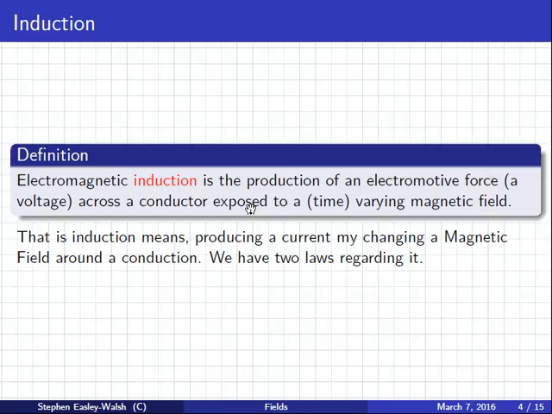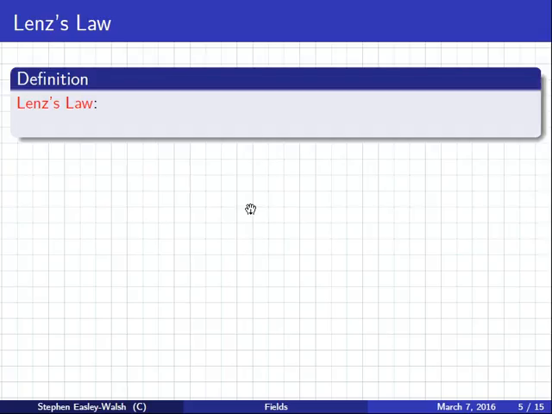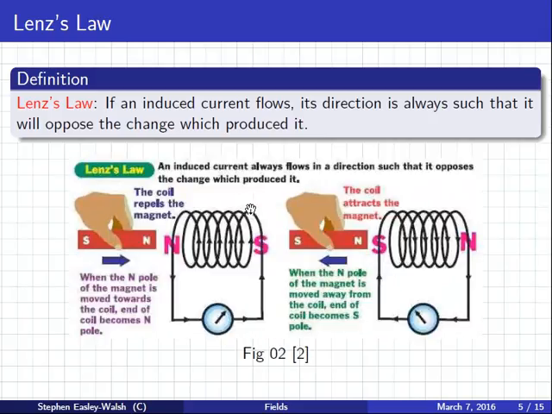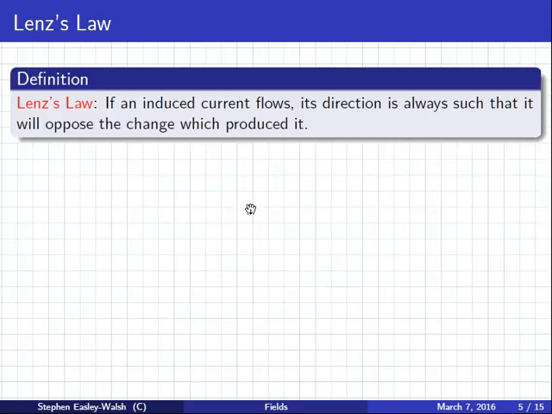We have two laws that relate to this phenomenon. The first law is called Lenz's law, and Lenz's law says that if you make a current, the direction will be opposite the change of the magnetic field. It's easier to explain this with a picture.